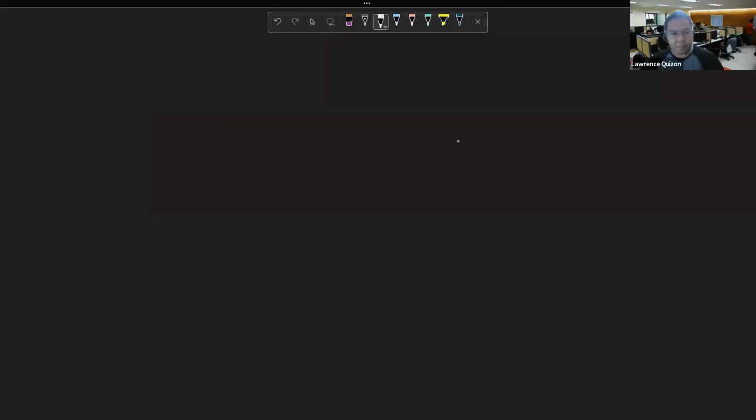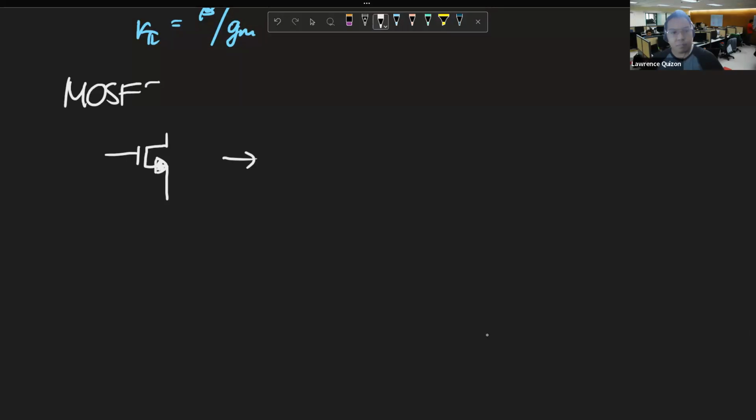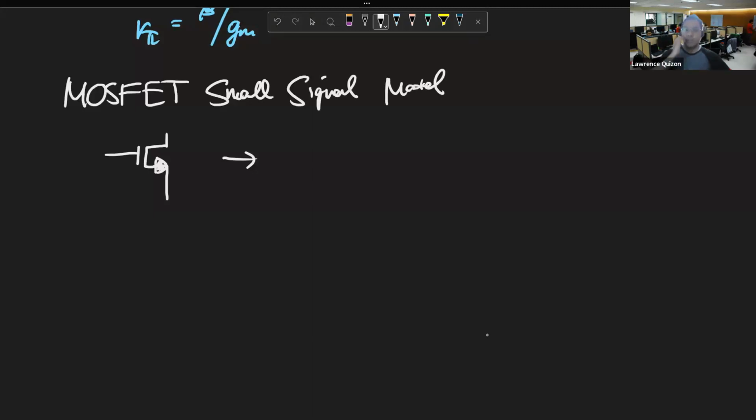All right. Next, we have the MOSFET. For the investment that we are working on, there are also samples of products. So the MOSFET small signal model.